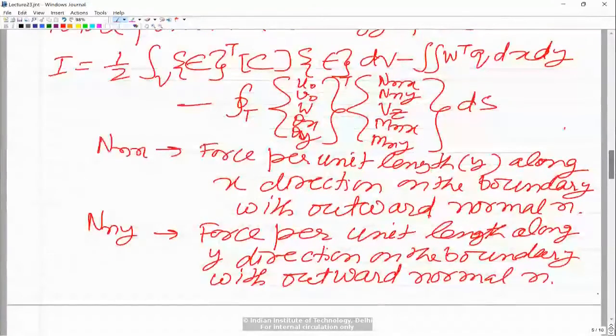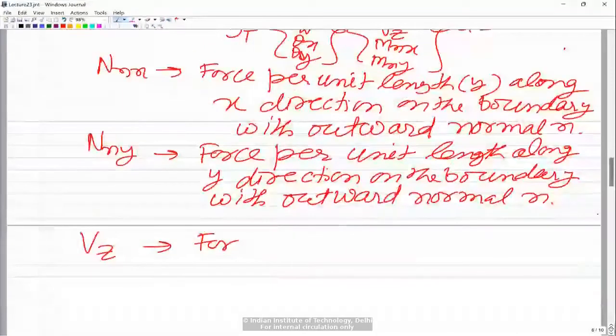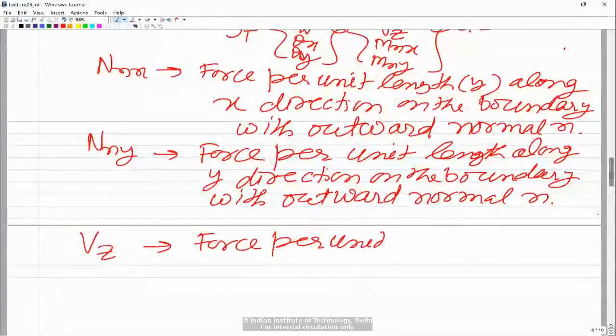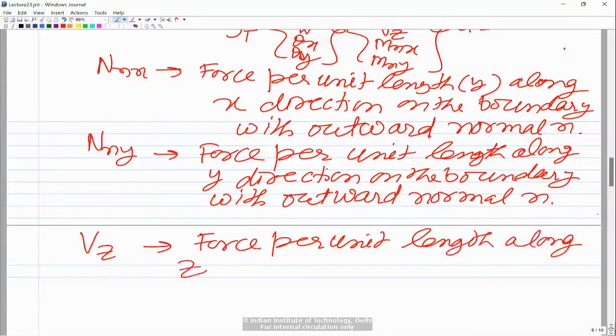And Vz is force per unit length along z, on the boundary with outward normal n.